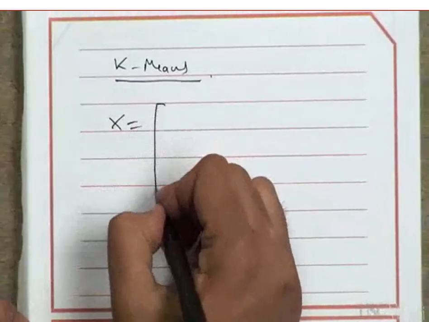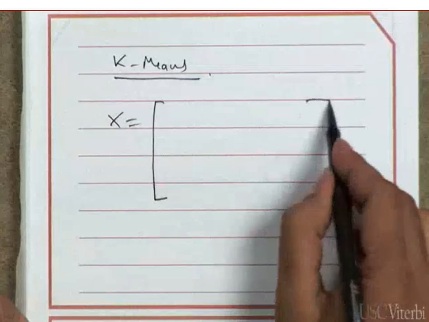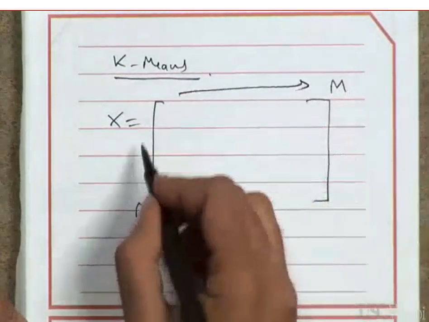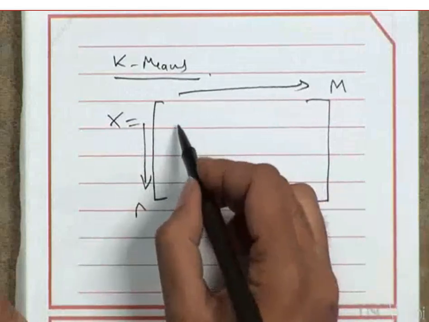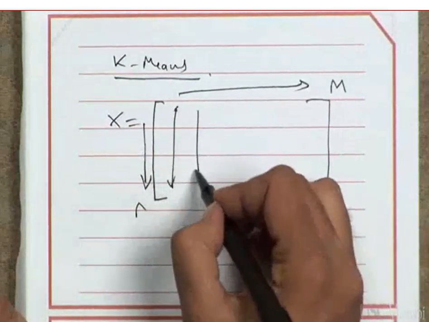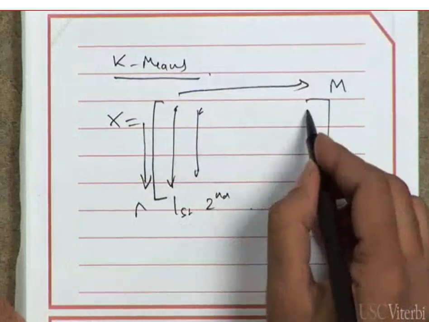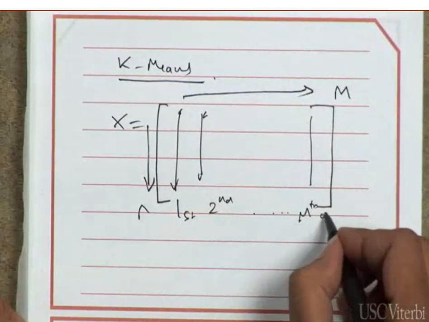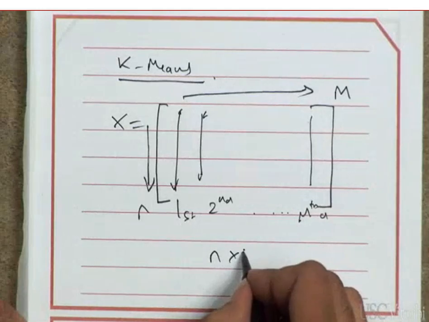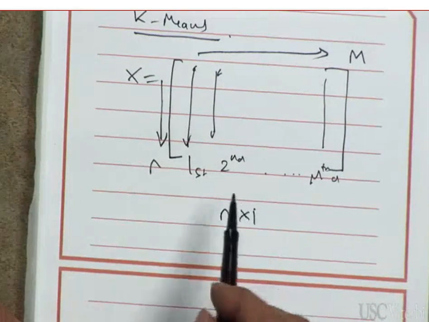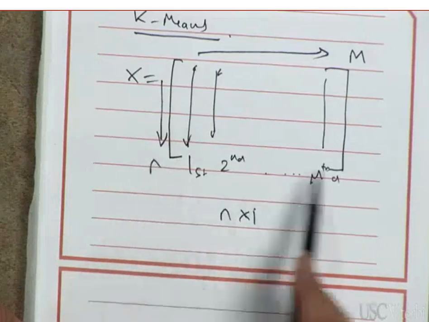Now suppose this is my feature vector. This is the first data point, second data point, and so on. This is the mth data point. So each is an n by 1 vector, right? Now I have to cluster them into k clusters.